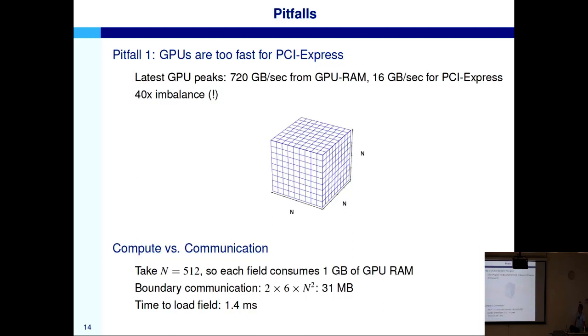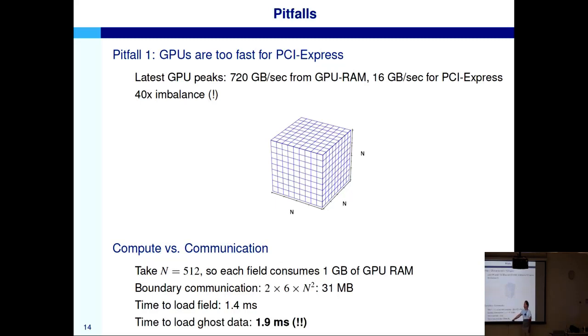So if you process the whole field on the GPU, so everything in the whole n cube, it takes you 1.4 milliseconds, and sending just the boundaries through the PCI Express link takes you 1.9 milliseconds.